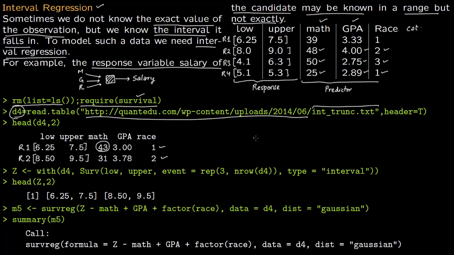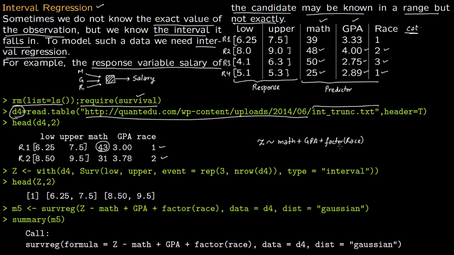So your model is like this. You input 3 values, math, GPA, race, and you get salary. So we have to have some salary Z, and the input into the model is our math score, GPA and factor race, because race is a categorical factor, so we have to factor it.